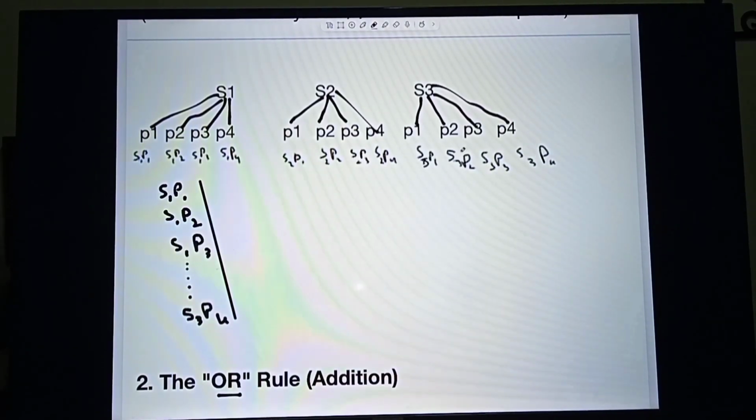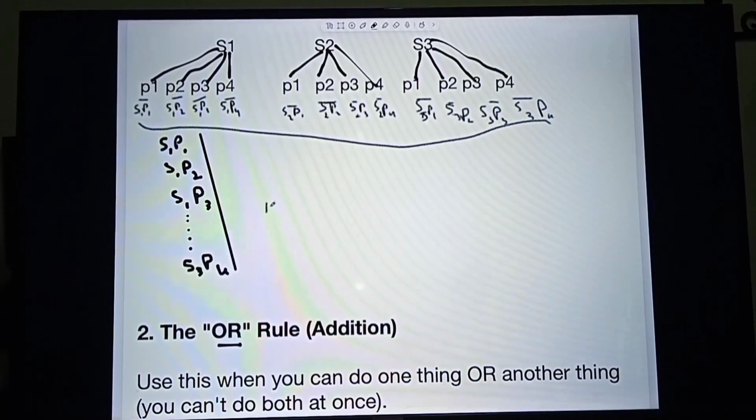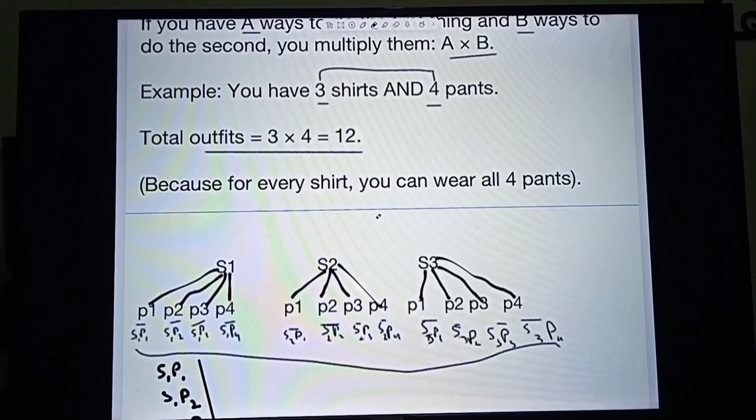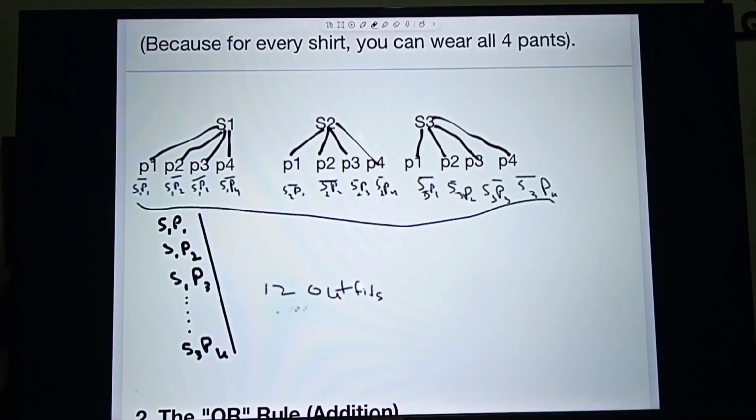So this gives us total outcomes 12. This is one pair, this is second, third, fourth. Similarly 1, 2, 3 and 4, and then 1, 2, 3 and 4. So 4 plus 4 plus 4 gives us 12 outfits. That is, you can wear 3 shirts and 4 pants in 12 different ways.